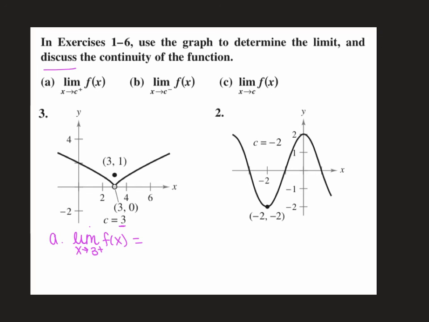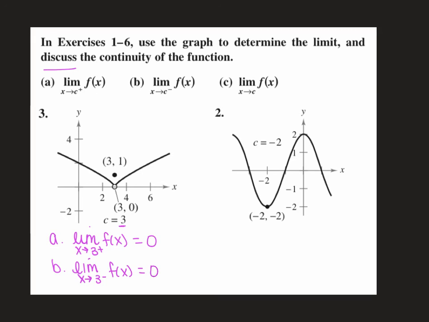So my limit from the right is 0. Now we need to find our limit from the left, so the limit as x approaches 3 from the left of f of x. Okay, we're going to do the same thing. We can come through, we can follow along, we come all the way, and we end up at the x value of 3, y value of 0. So again, we have 0.